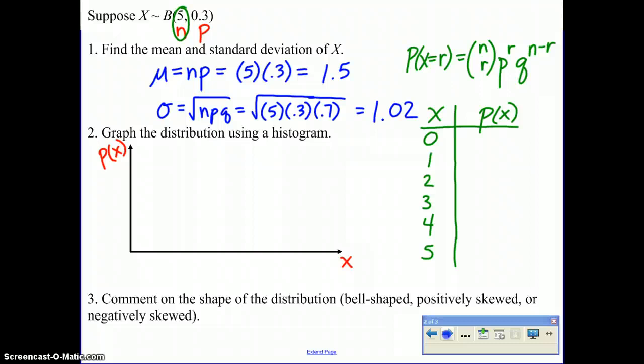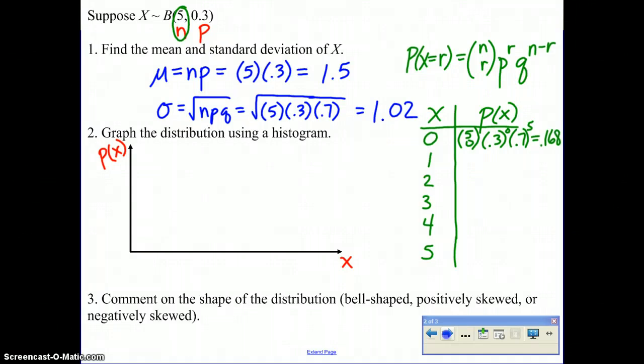Well, according to the formula, that would be 5 choose 0 times 0.3, which is our probability of success, to the 0 times 0.7 to the 5th. And you work that out and you get approximately 0.168.